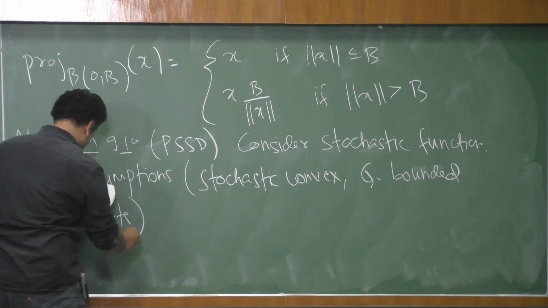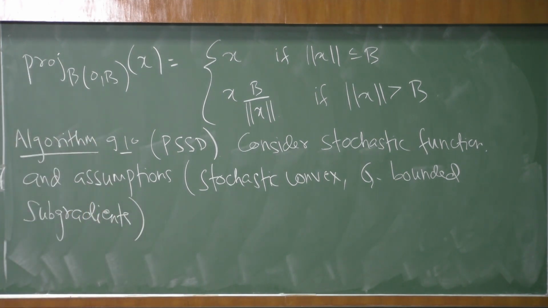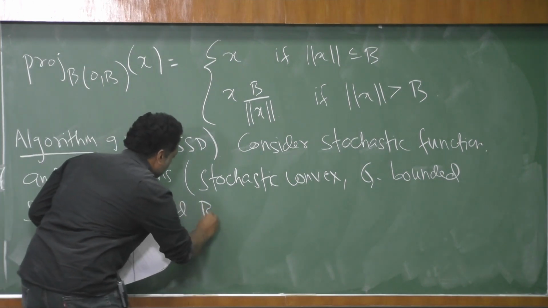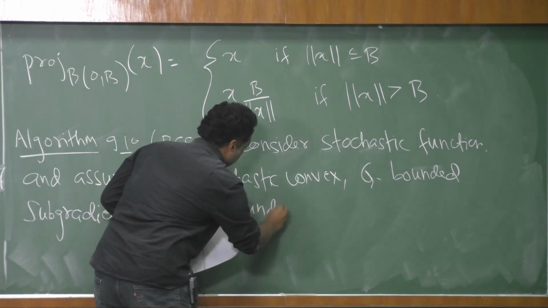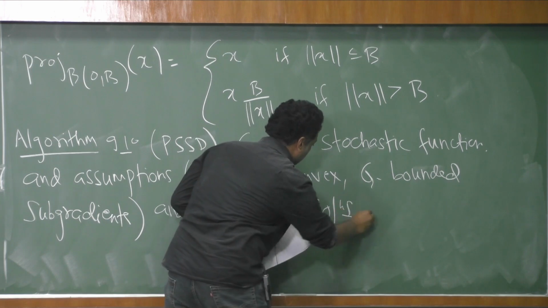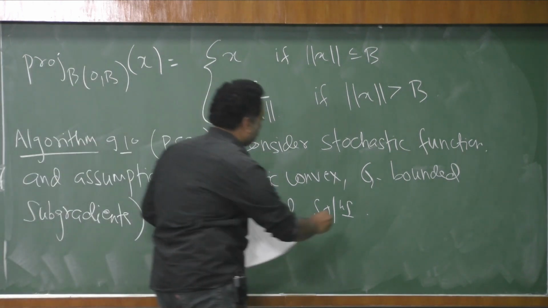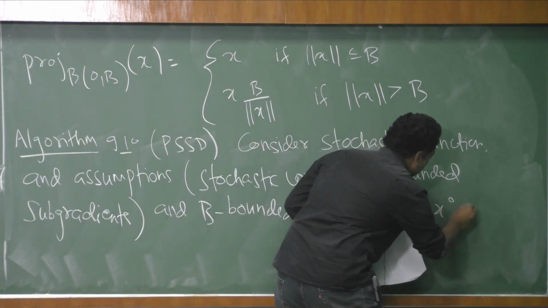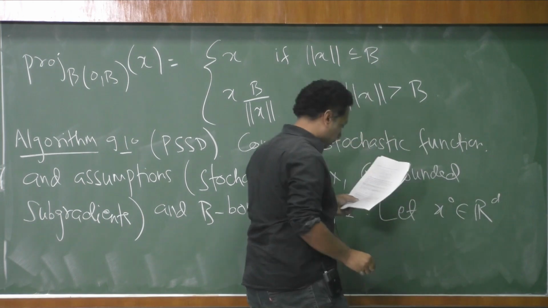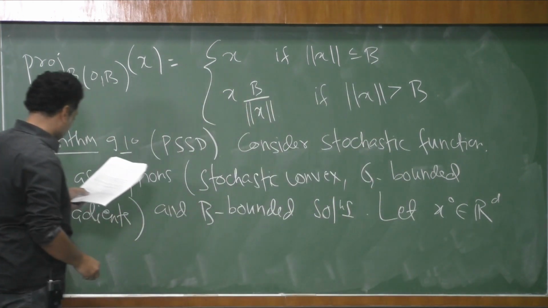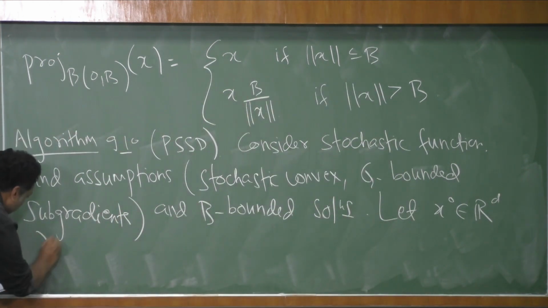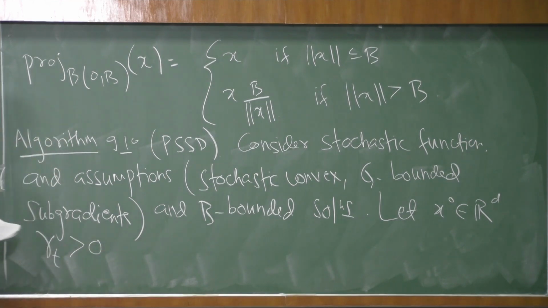Okay, so all this holds, and now additionally we are saying that solutions are B bounded. We start this algorithm with an initial iterate x naught, so let x naught be in R^d, and the sequence of step sizes are taken to be greater than 0.